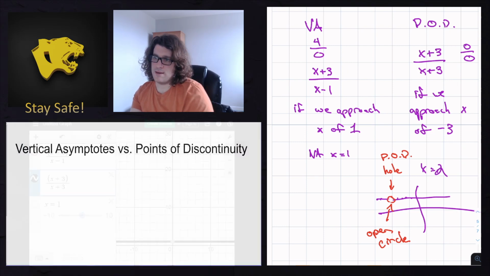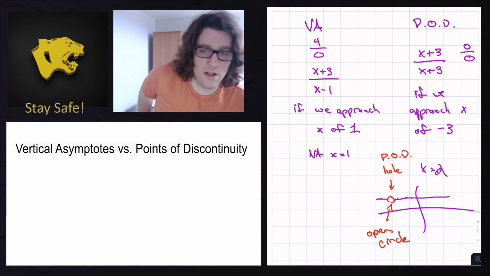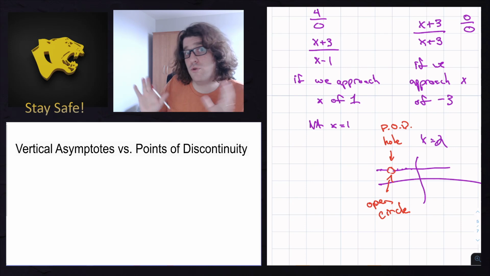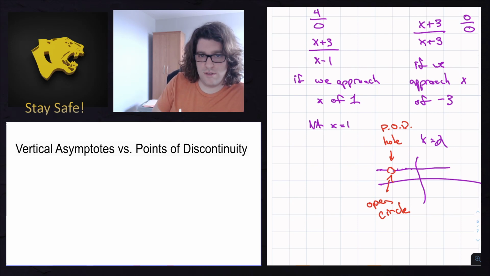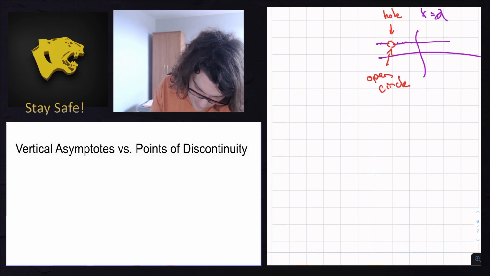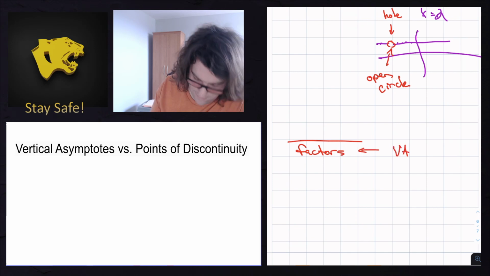Now, these basically occur because of a solution in your denominator. A vertical asymptote is a factor in your denominator being equal to 0. So factors in the denominator give vertical asymptotes.